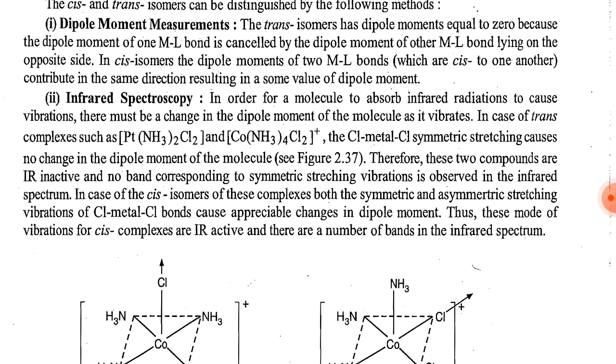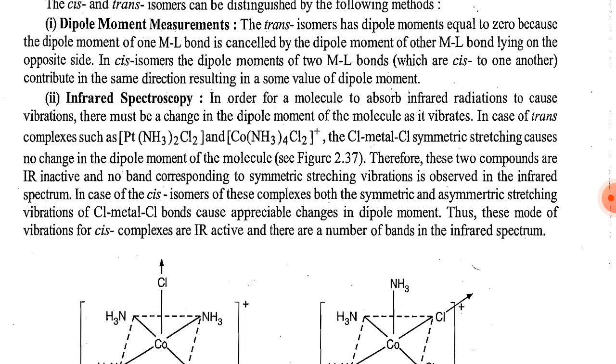We know that the trans isomer dipole moment is 0, and in the presence of infrared radiation, the symmetric stretching will not make any change in the dipole moment. Therefore, these two compounds are IR inactive and no bands corresponding to the symmetric stretching vibration are observed in the infrared spectrum.